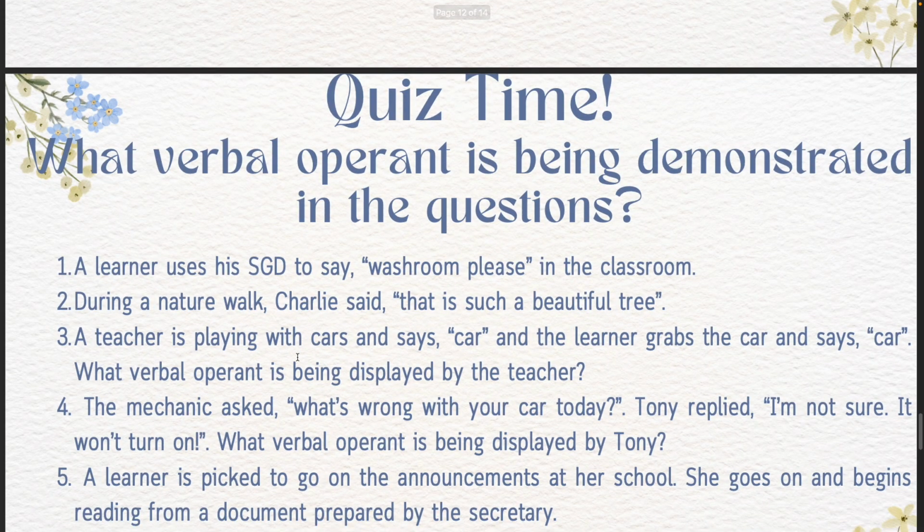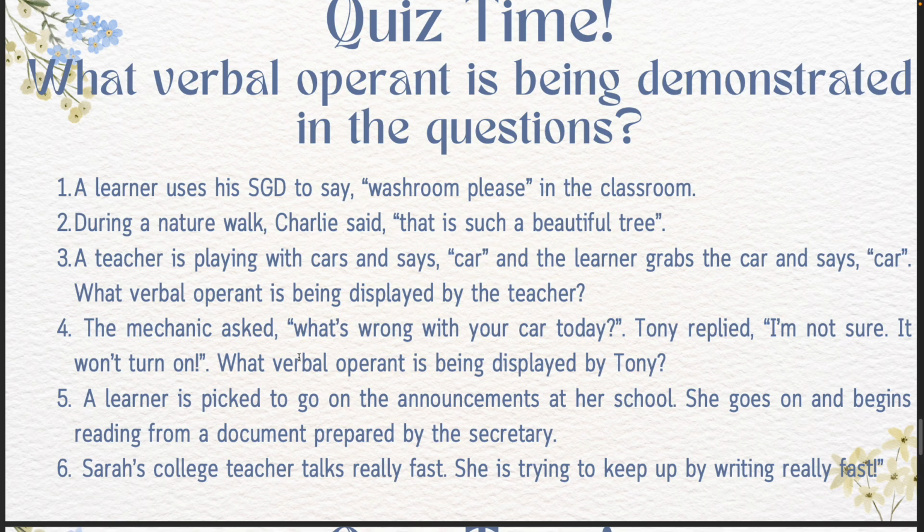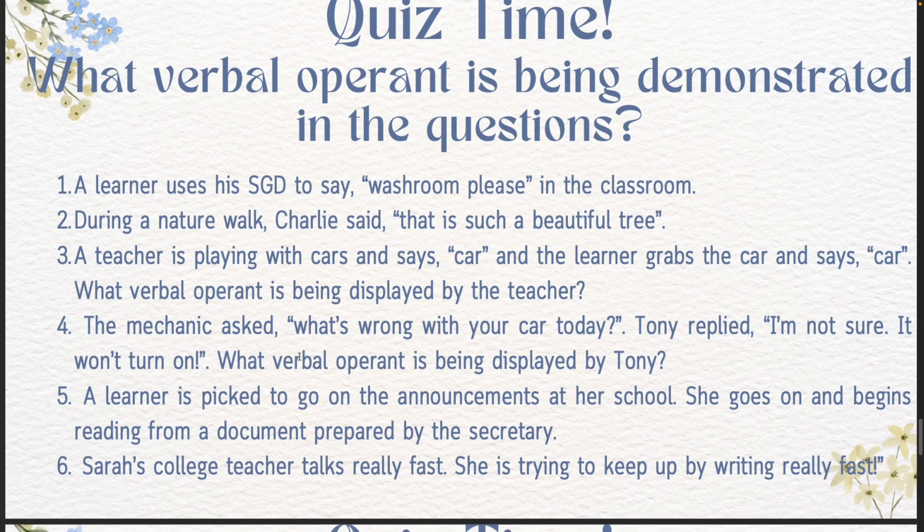Okay, let's go through our quiz. The questions are all going to involve what verbal operant is being demonstrated in the question, and it can be any from the ones that we discussed today, including listener responding. Okay, number 1. A learner uses his SGD to say washroom please in the classroom.